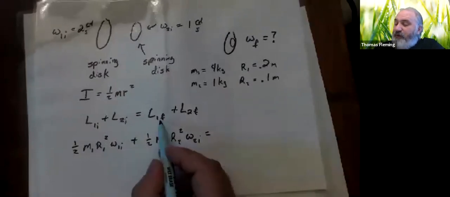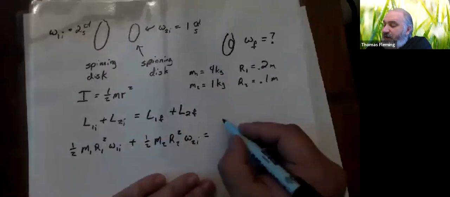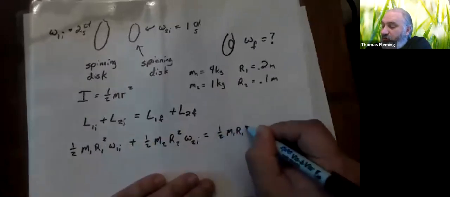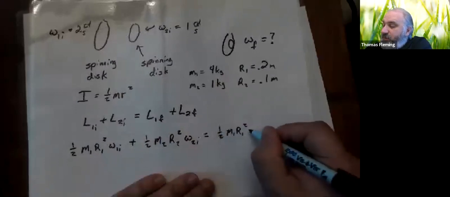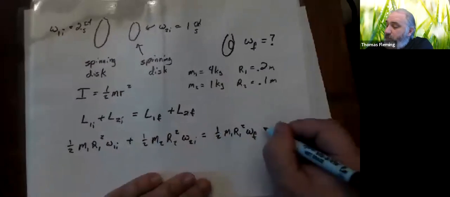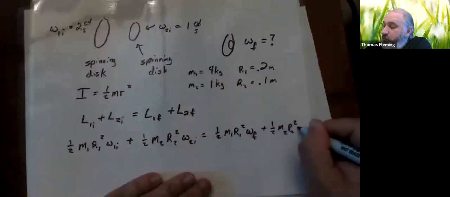When I do L1 final, I'll have 1/2 mass 1, which is still the same as it was, R1 is still the same as it was, but now it's going to be going at a speed of omega final, plus 1/2 m2 r2 squared omega final.